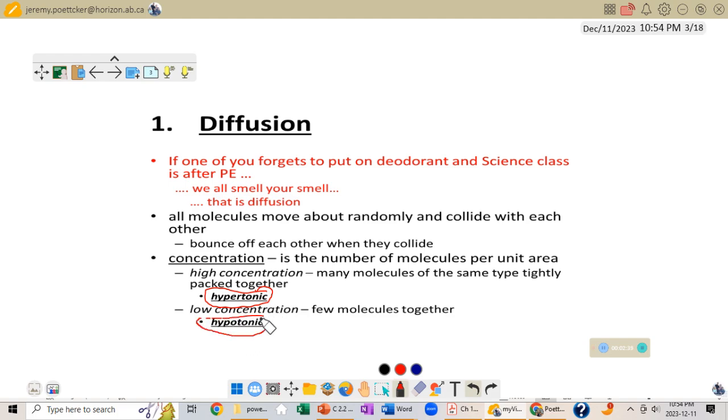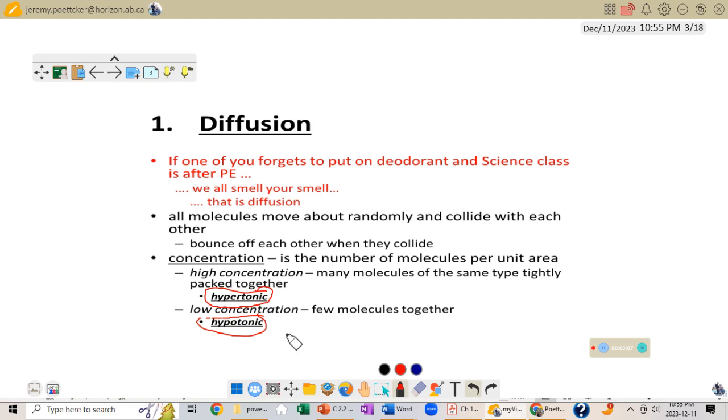When we talk about low concentration, we're talking about a hypotonic solution. Now, I can't just say this one solution is hypotonic because it's not very concentrated. I can't actually say that. When we talk about these two words, hypertonic and hypotonic, and then later on there'll be one more word, isotonic, it's always in comparison to some other solution.